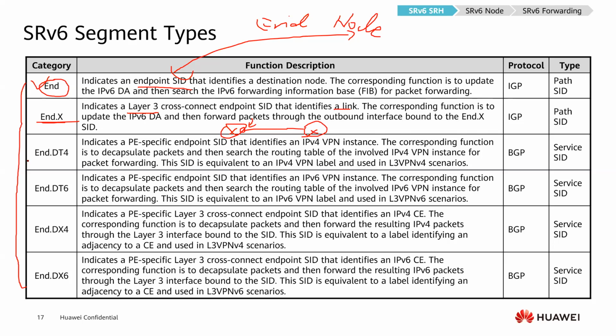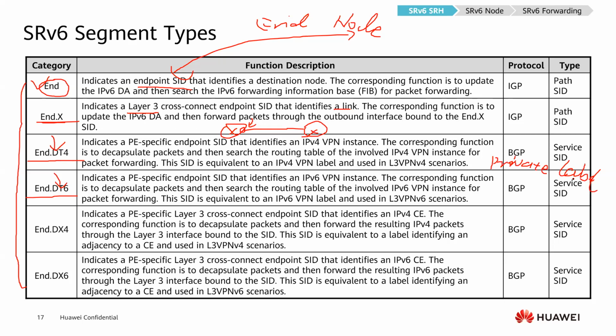And also we have End.DT4 and End.DT6. These indicate the VPN. Those kinds of segments have the same meaning as the private label. I think you all understand MPLS VPN, right?